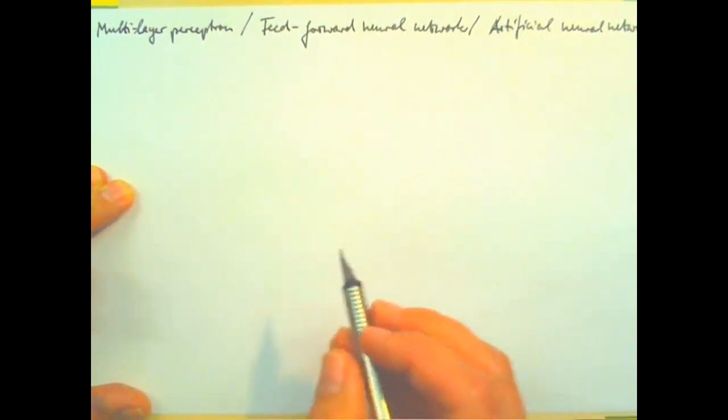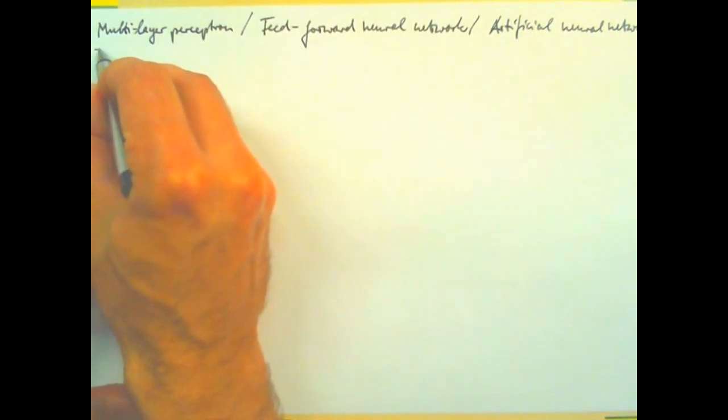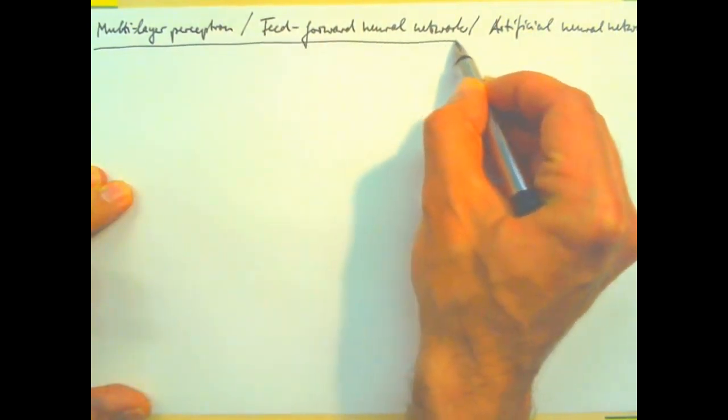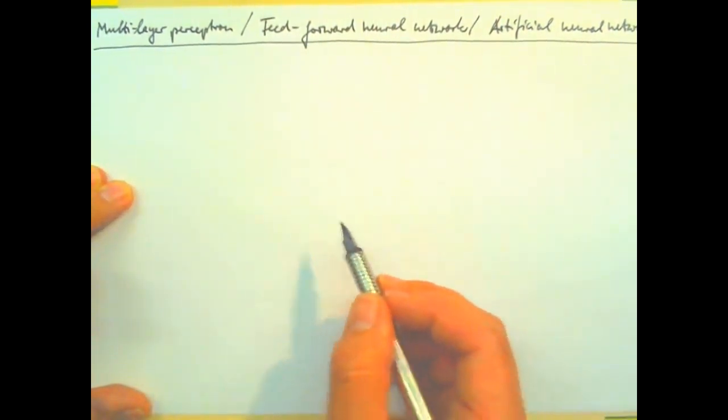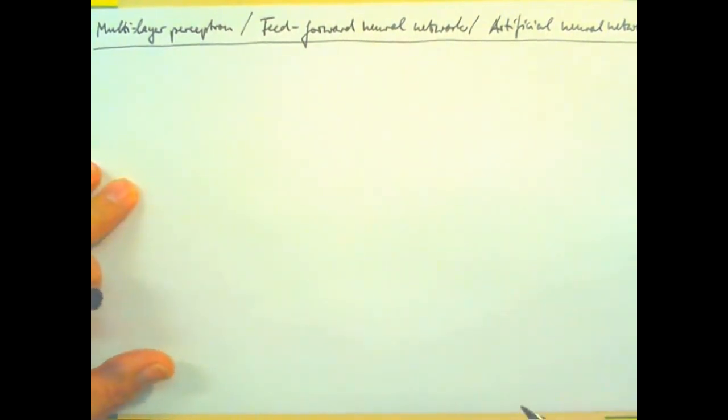Actually, when you say artificial, you don't specify what type exactly, but the most frequently used type by far are these feed-forward neural networks.